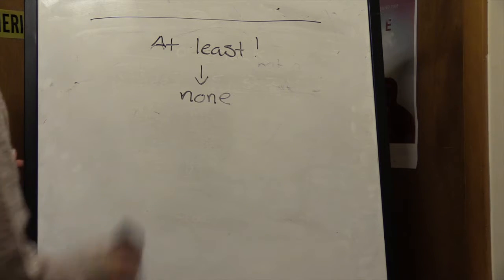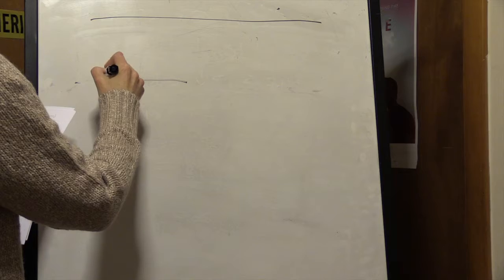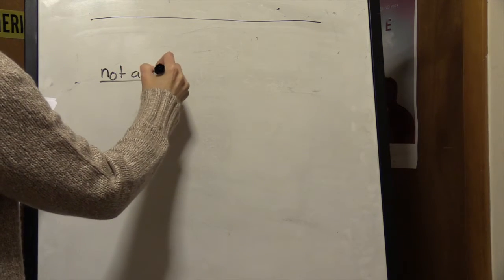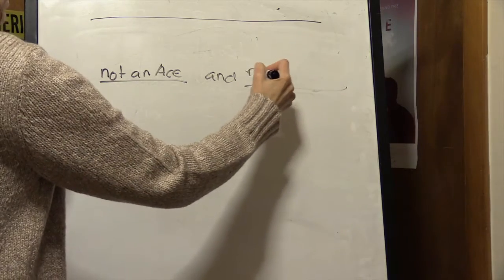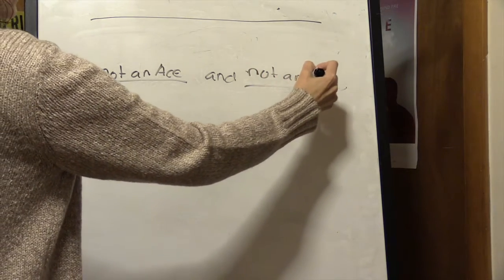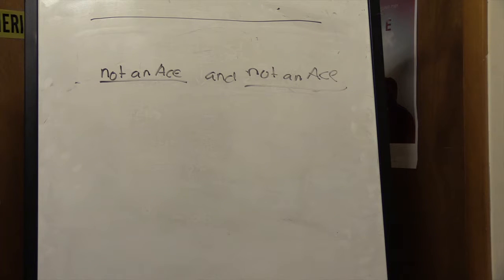So what we're going to do is find the probability that the first card is not an ace and the second card is not an ace. Okay? All right, and then we're going to use the complement rule.